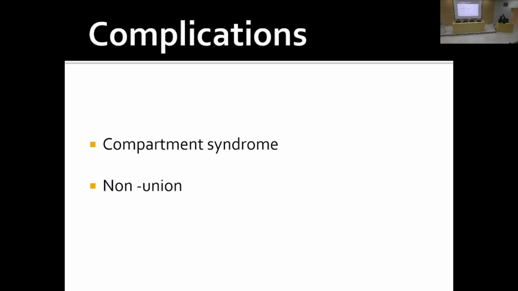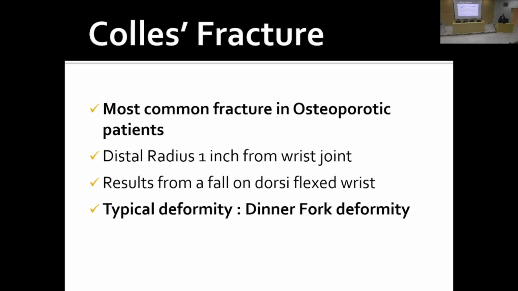طيب برضه هنا طبعا compartment syndrome واحد من الريسكس في الفور ارم، ممكن يحصل لك نون يونيون. وعندنا برضه الكوليس ده اتكلمنا عنه اللي هو قلنا most common fracture in osteoporotic patient. Distal radius اللي هو ده بيحصل within 1 inch أو 2.5 cm from the wrist joint, result from a fall on a dorsiflexed كويس wrist.